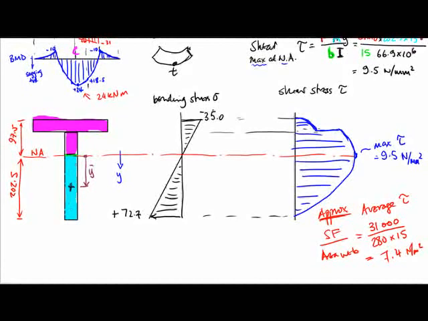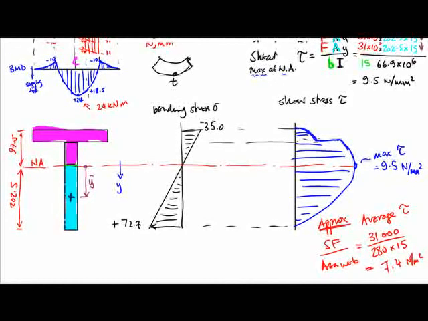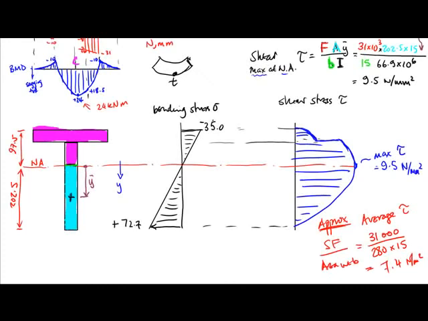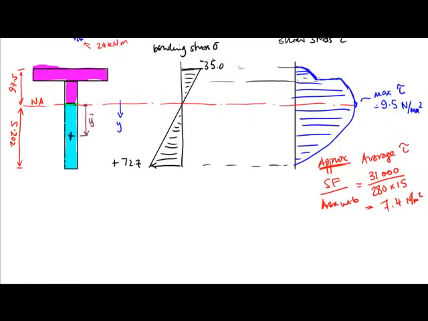When I was doing the Ay-bar up here, I went for the blue area, simply because the blue area is a bit easier to calculate than the purple area.